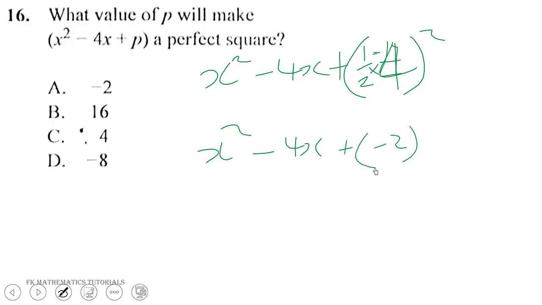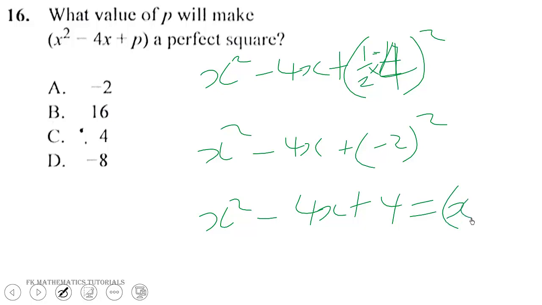Negative 2 all squared. So this will give us x squared minus 4x plus 4. So when you factor this, you get x minus 2 all squared. So what we added to it is positive 4, which is C.